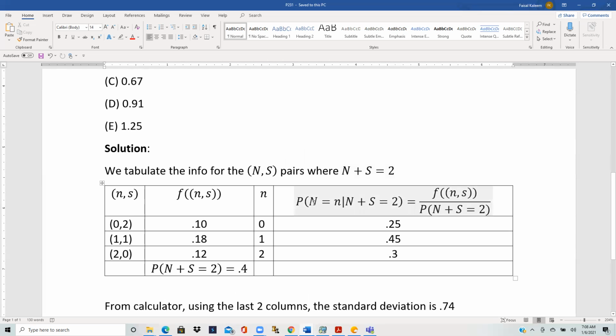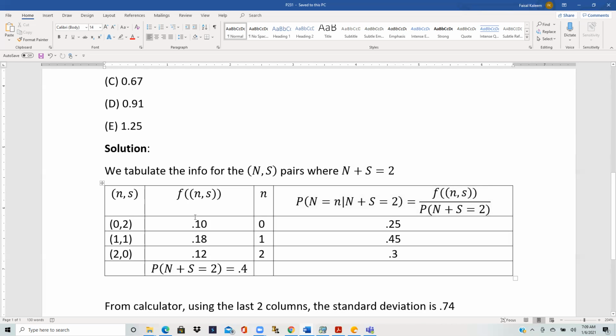So let's read the first row. Here N is 0. So the first entry is the probability N equals 0 given N plus S equals 2. The numerator part is N equals 0 and N plus S equals 2.